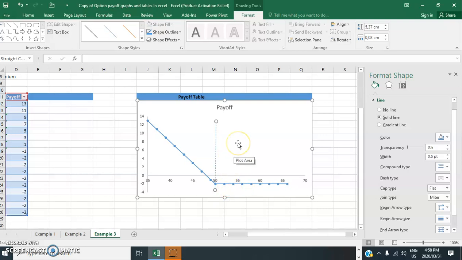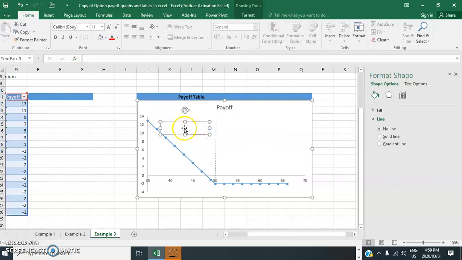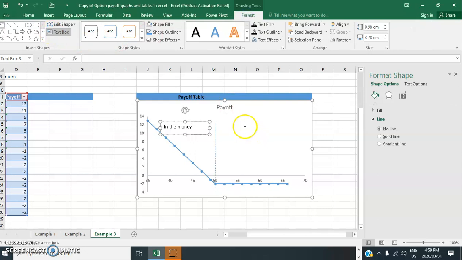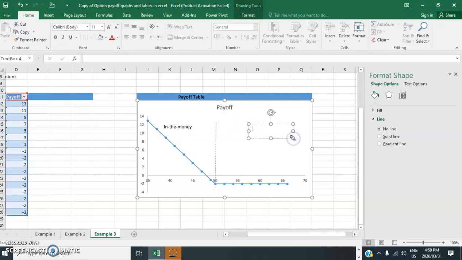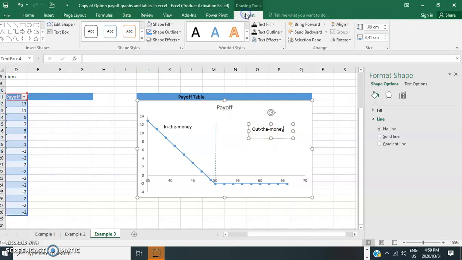We know that for a put option you are in the money when the exercise price is greater than the stock price, so you are in the money in this region and you are out of the money this side. So you can add all these regions quickly. Then you are also at the money.